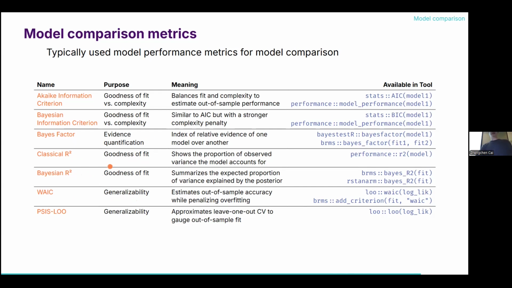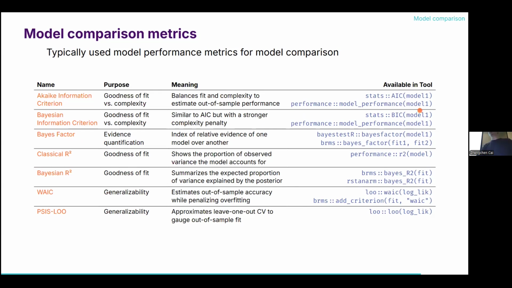You can use things like WAIC or leave one out cross validation or k-fold cross validation, etc. Or if you care about evidence, you can have Bayes factor like Habib explained last time. Or if you care about a balance between goodness of fit and complexity of your model, you have this classic AIC, BIC, etc.